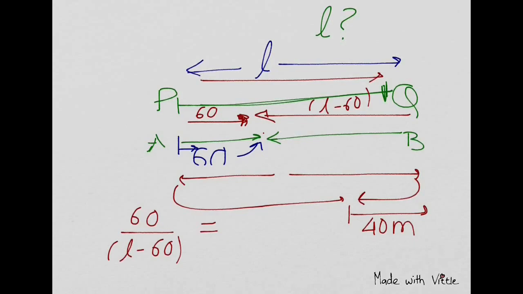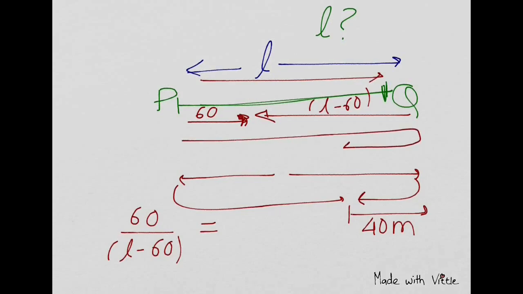Now think what happened. What is the distance for the second case? Let's remove this. A went till here and then came back here. This was the point I told you. It means A traveled the entire L and then another 40 meters, so L plus 40.